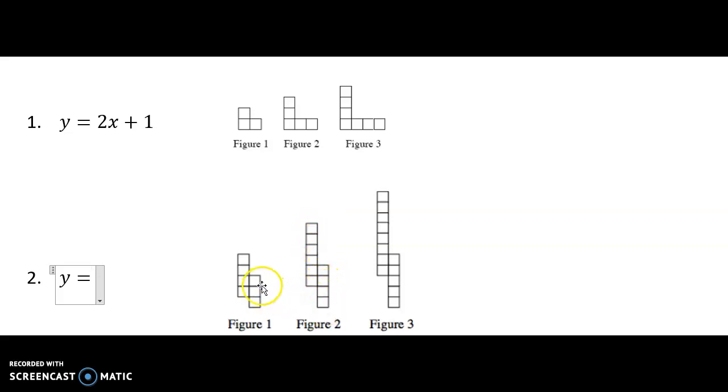So if we went from 7 to 10, that's plus 3. Let's just double check. Now I have 10. Let's see here: 1, 2, 3, 4, 5, 6, 7, 8, 9, 10, 11, 12, 13. So plus 3 is right, because I went from 7 plus 3 is 10, plus 3 is 13.